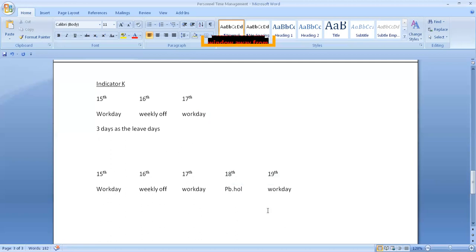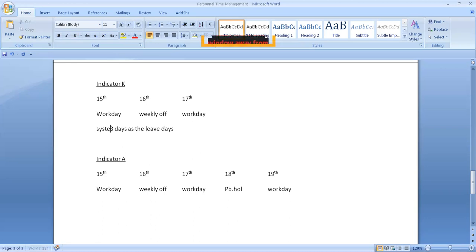Here I want to use indicator A. Here's what the system is doing.